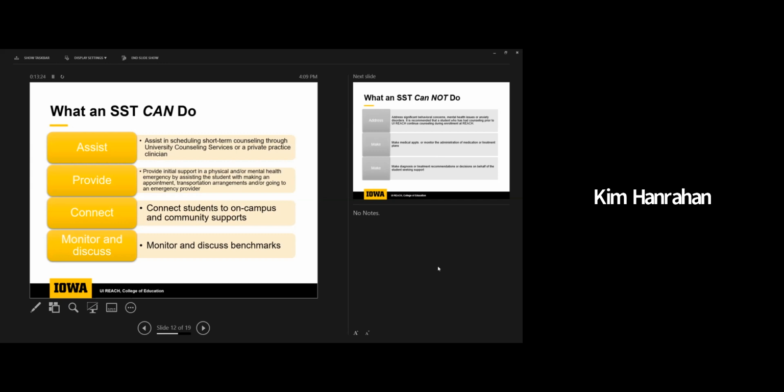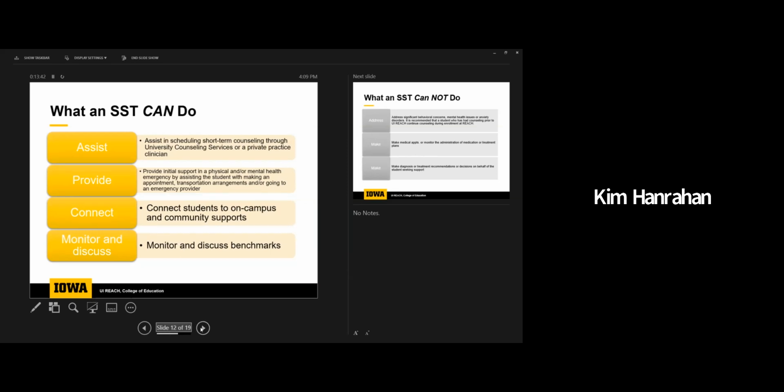We can't transport, but we can meet them and support them until a family member or guardian can come and meet with that student. We've already talked about connecting to on-campus and community events and activities, but there are also a lot of support departments on campus, and we can monitor and discuss benchmarks.